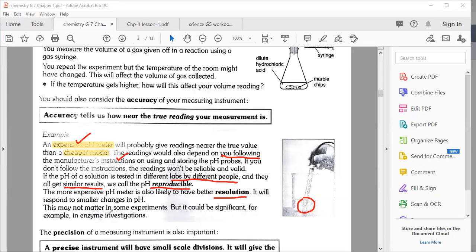Its resolution power will be nicer. It will respond to smaller changes in pH. This may not matter in some experiments, but it could be significant, for example, in enzyme investigations. For enzymes, we use these kinds of things that will help a lot.